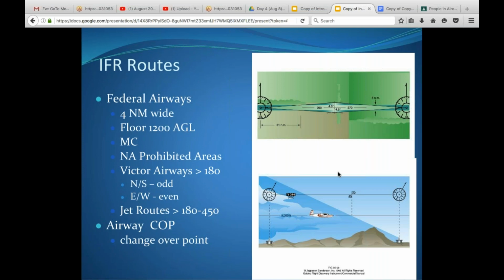It's a lot more advanced, and it allows for a lot better accuracy. But we won't see that fully implemented for probably another 15, 20 years, and they started implementing RNP navigation 15, 20 years ago. So yeah, changes take a long time to get everybody on board.